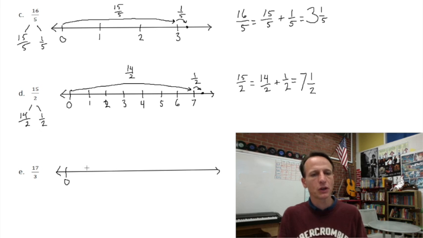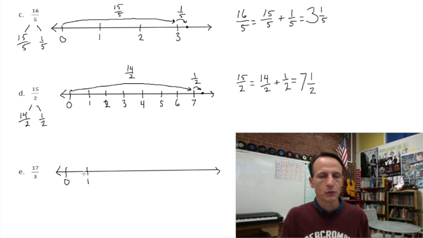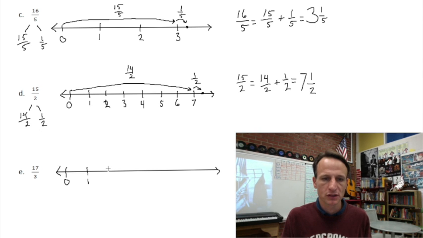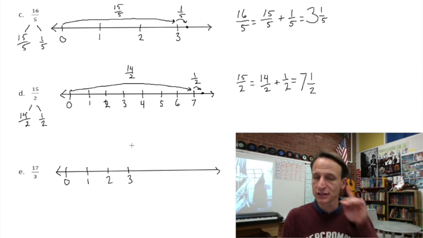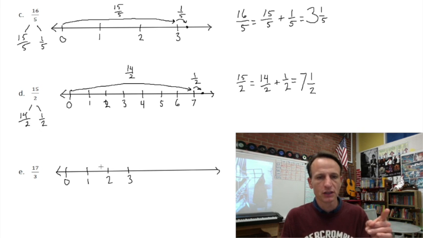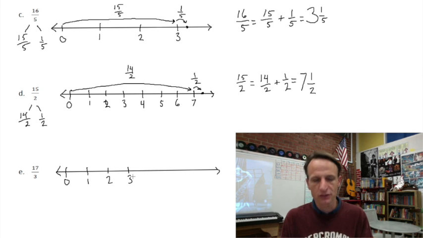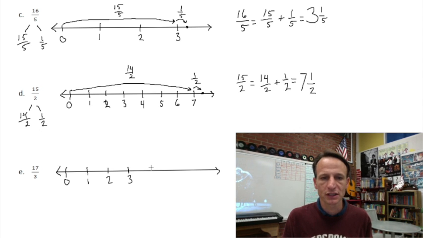So now when we go to 1, we're talking about thirds. So that's 3 thirds. When we go to 2, 6 thirds. When we go to 3, 9 thirds. And again, if you get a little confuddled at any point, go back and say, okay, 3, 6, 9 thirds is where we are. We're going all the way up to 17.